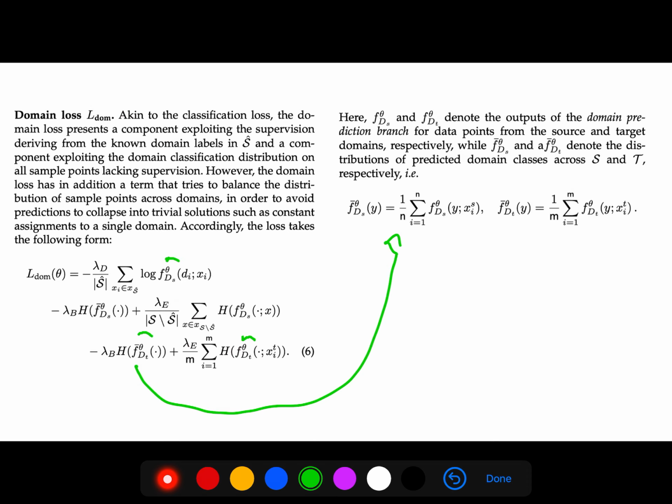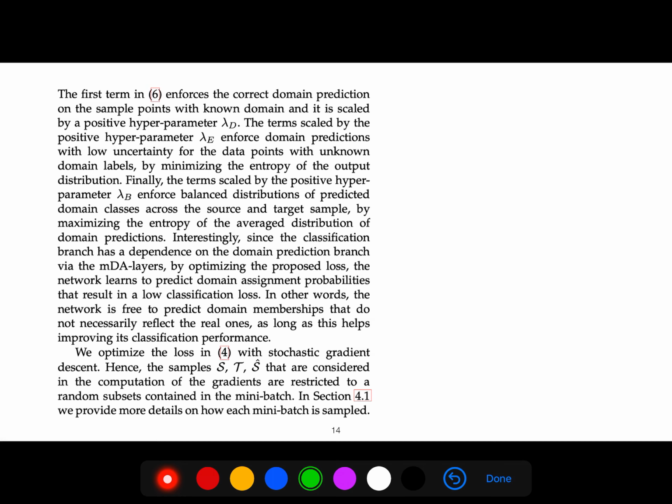So the first term in 6 enforces the correct domain prediction on the sample points with known domain, and it is scaled by parameter lambda d.